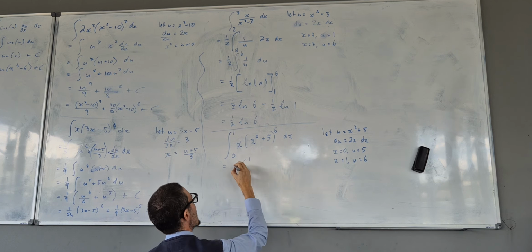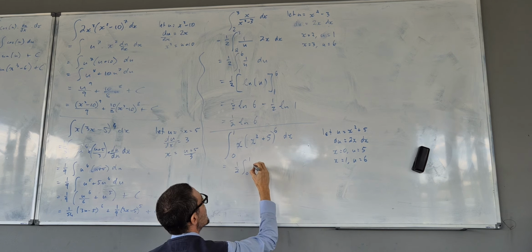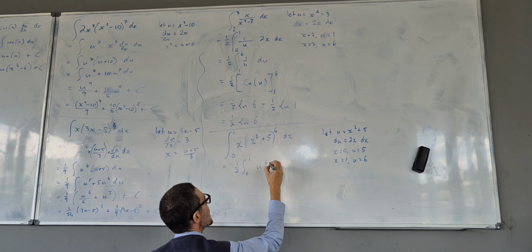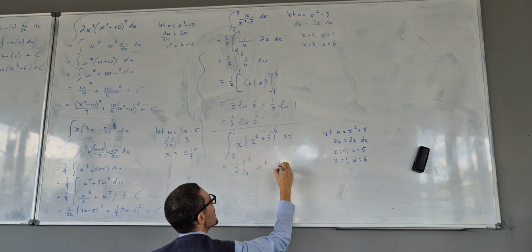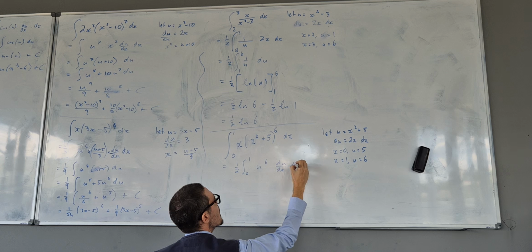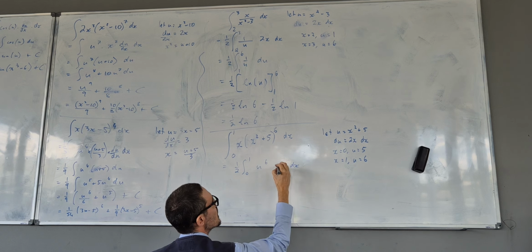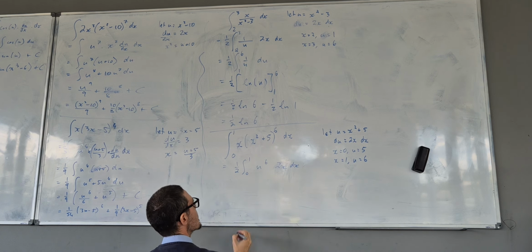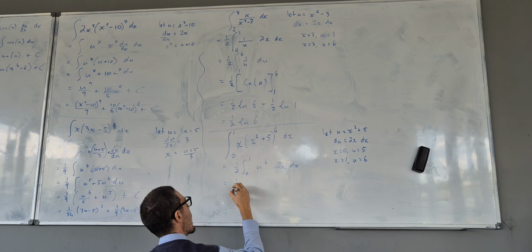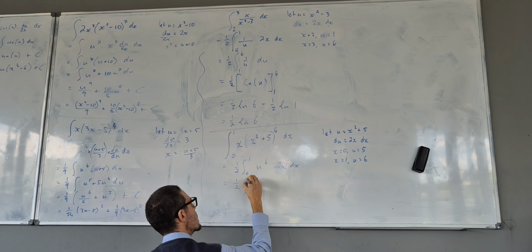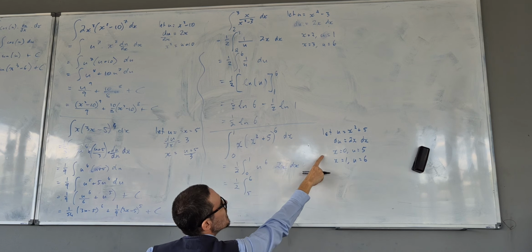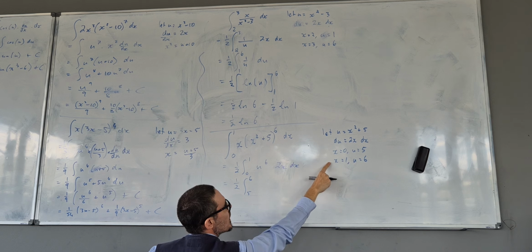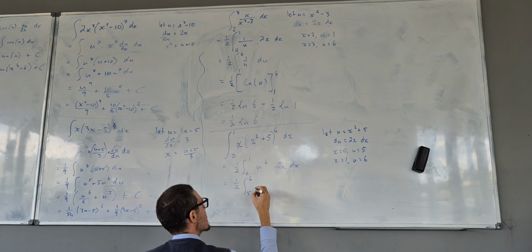2x, I need a half. Maybe I'll write it the other way. 2x dx. Did I get my values right? 0 plus 5 and 1 plus 5, yes.